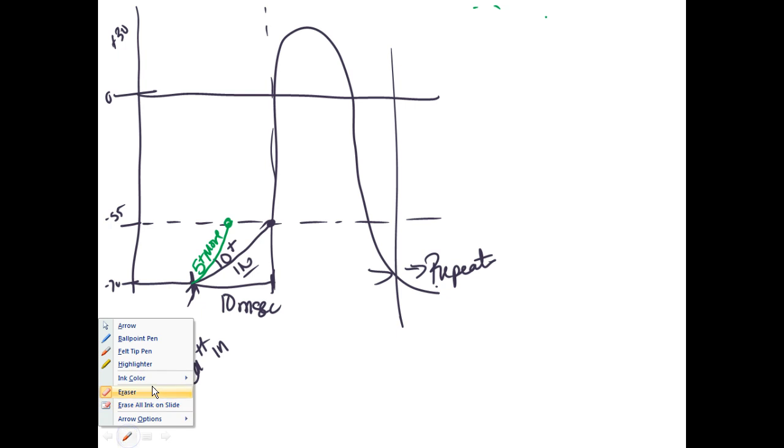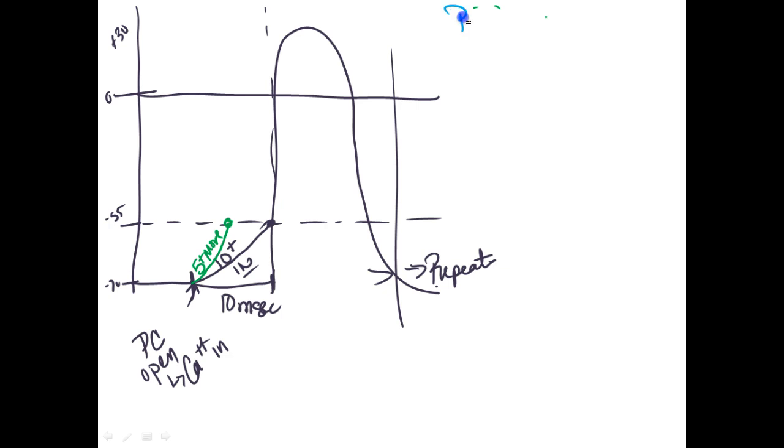Let's go ahead and pick a different color and see if we can figure it out. So now we have the parasympathetic nervous system is going to decrease your heart rate.